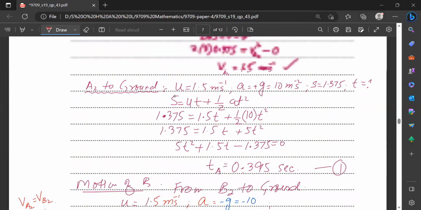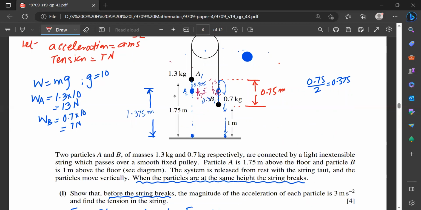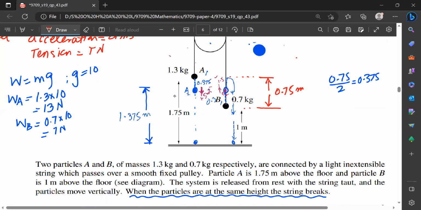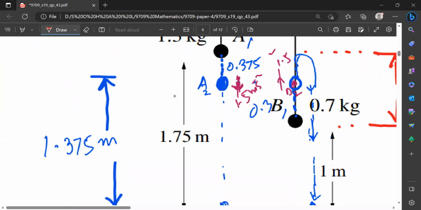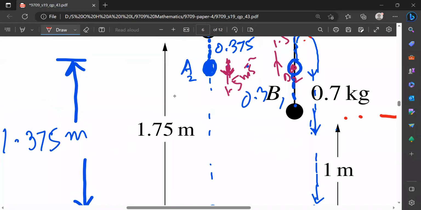Eventually, after attaining the maximum height, B will come to the ground. And the ground is below the level of the projection, the initial level. So what is the height of B2 above the ground?